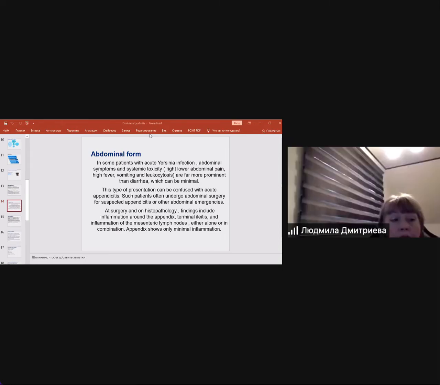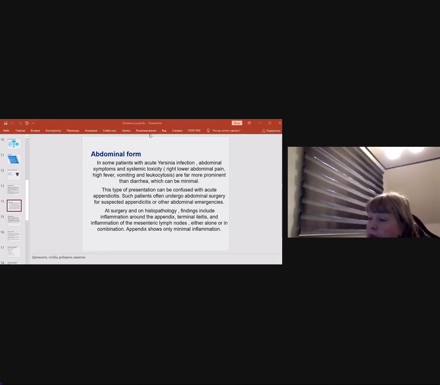And I want to say that in abdominal forms of yersiniosis, diarrhea, for example, some dyspeptic signs are usually absent, or maybe minimal. But intoxication syndrome, right lower abdominal pain, leukocytosis and vomiting usually prevail in these patients.